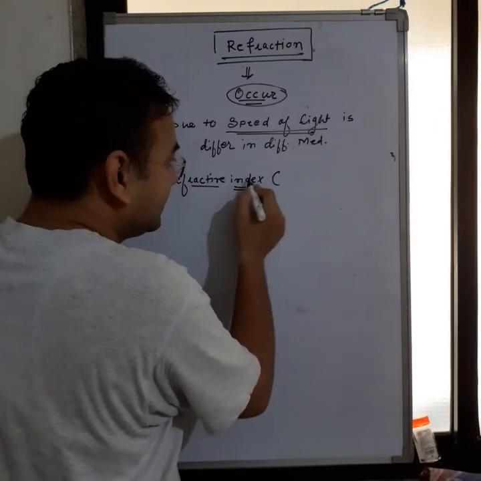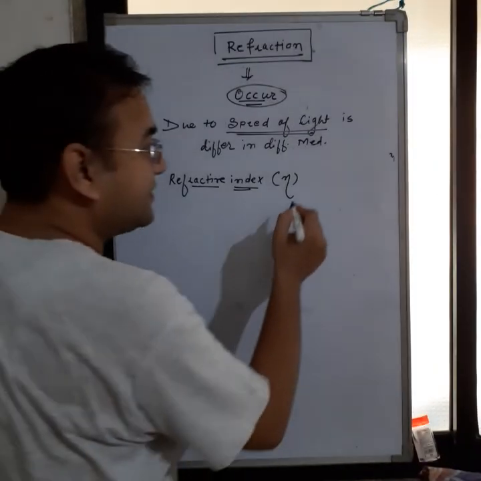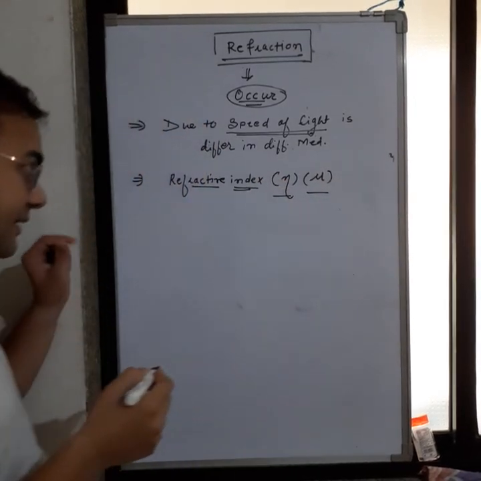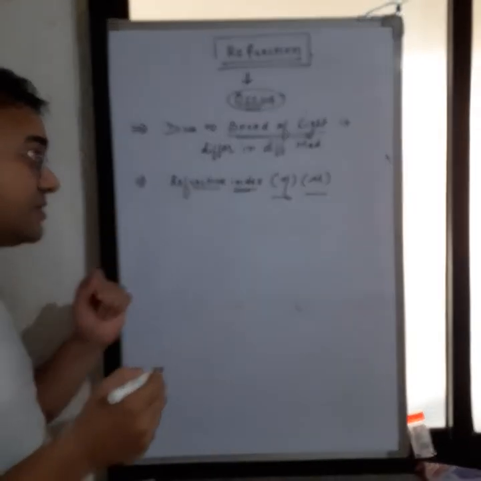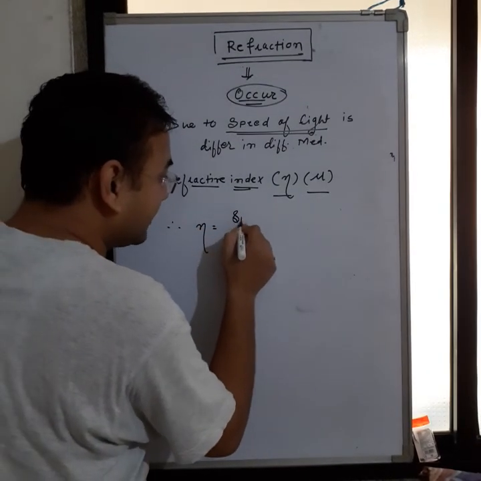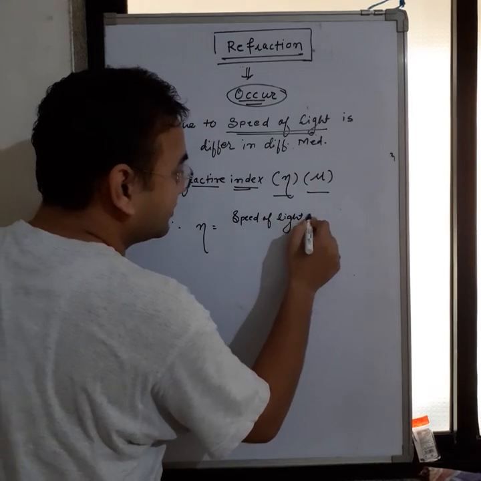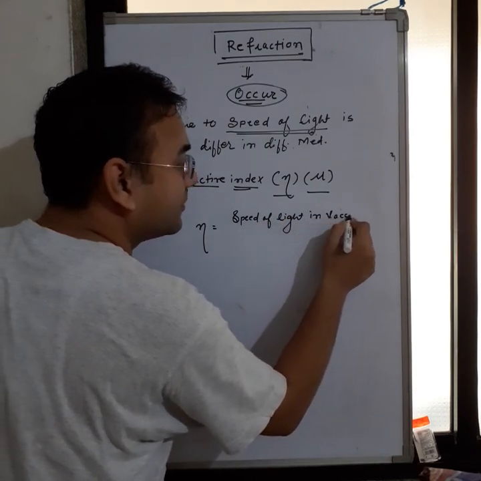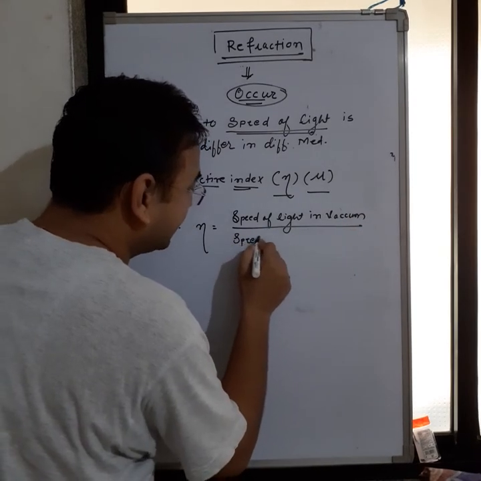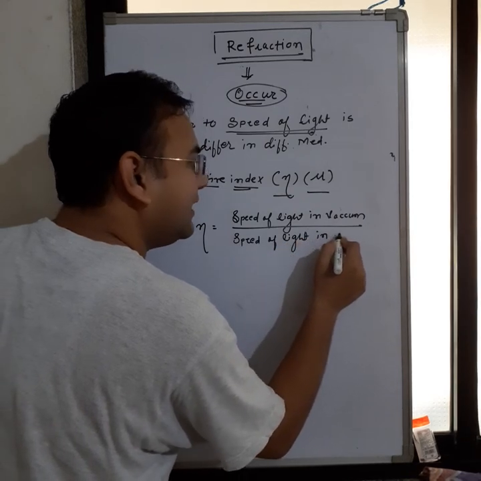The symbol of refractive index is eta. In some schools, they use mu. Both we can use for the refractive index. Here we use eta. So eta is known as the speed of light in a vacuum to the speed of light in any medium.